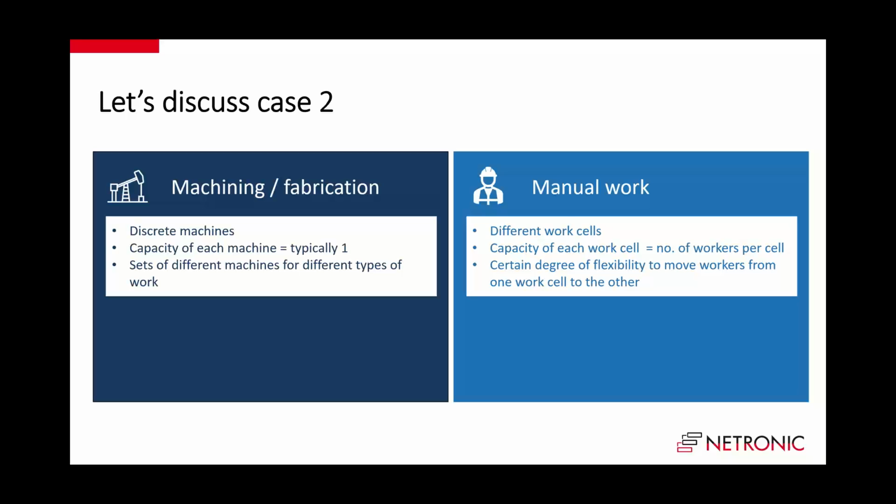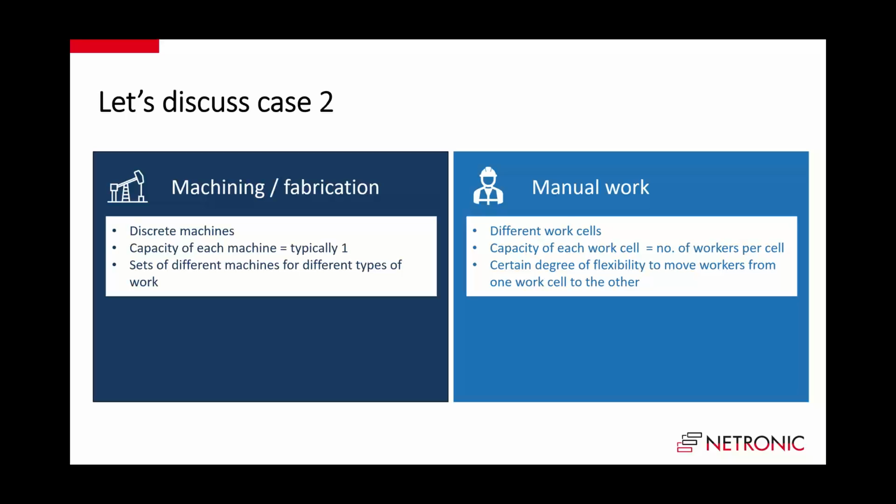Instead, they have different work sets, which might be organized by the type of work that is done. So there might be an assembly work cell, another assembly line or work cell, a packing station with a couple of people working there, and a quality control area with a couple of inspection places as well.